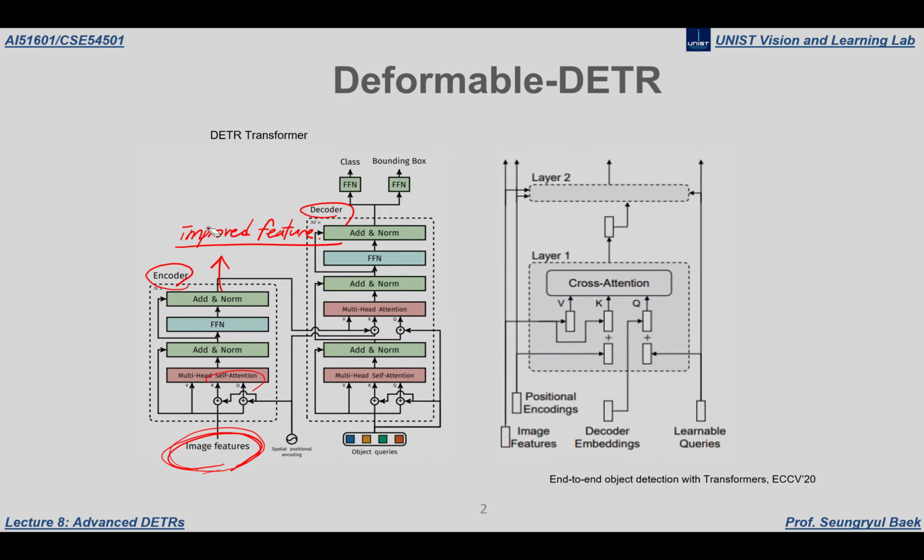So in DETR, we can interpret the feature obtained from the output of the encoder as the enhanced feature. So we are already inputting the image feature extracted from ResNet and then applying the self-attention mechanism to enhance the image feature.